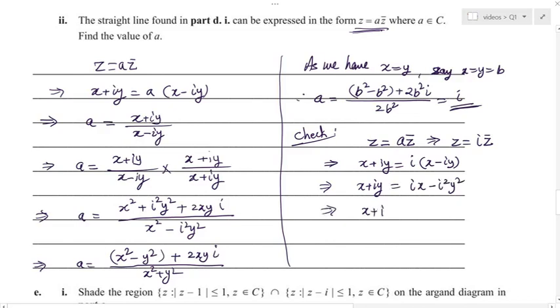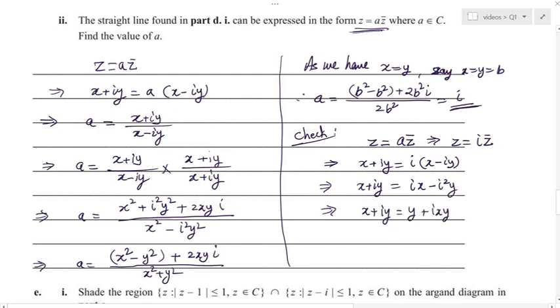That gives you, sorry, it's not iota squared, it's just y. And this iota squared is minus 1, and the minus becomes y plus iota xy.